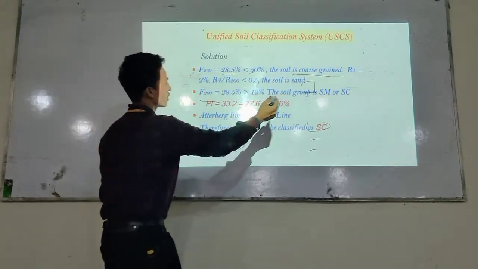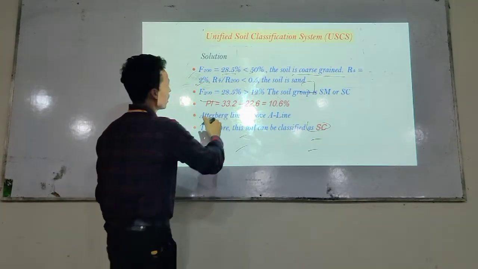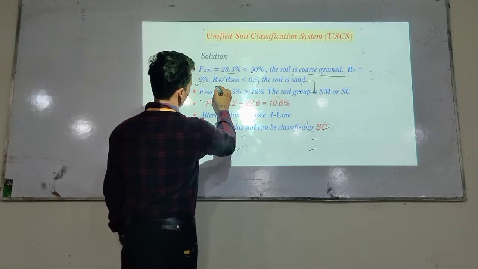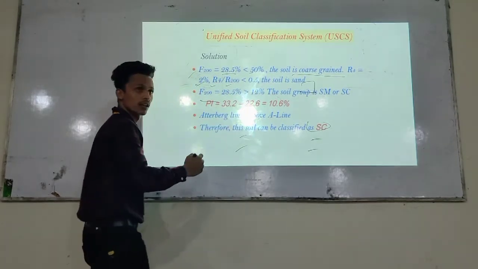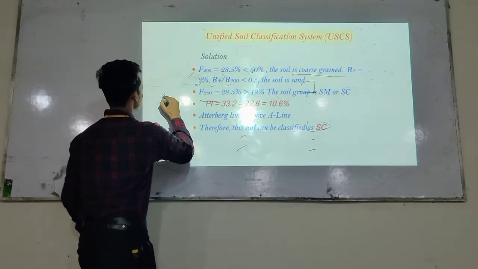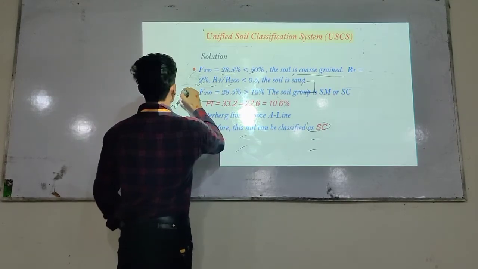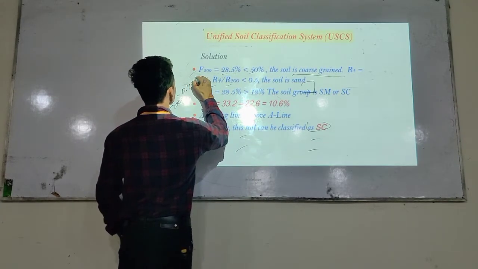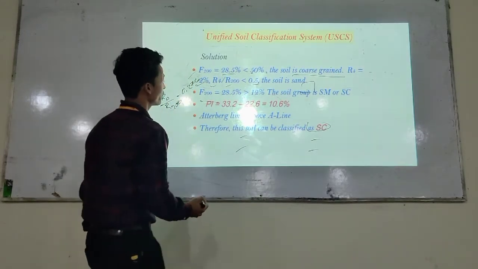Now for R4 we have the percentage 2%, and we have the equation R4 divided by R200, whose value is actually 0.276, which is less than 0.5.